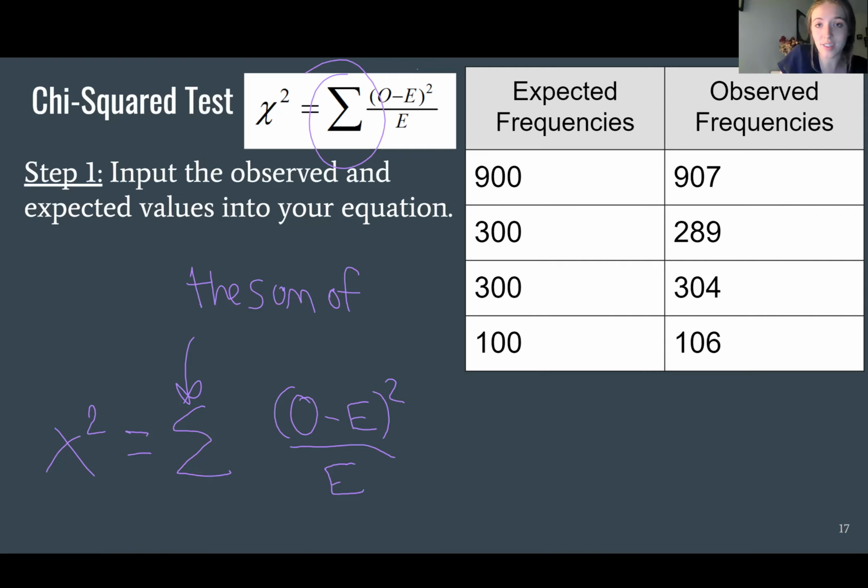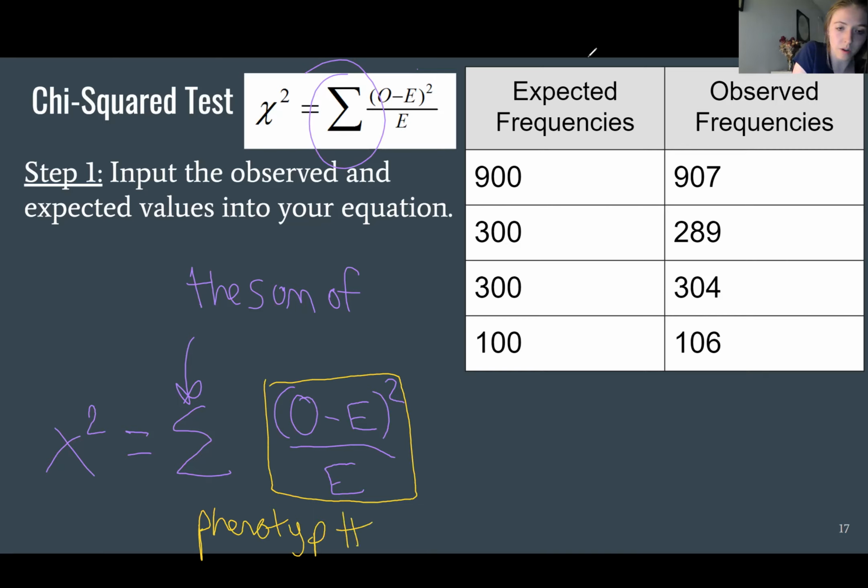And you're going to do this for your first phenotype, phenotype number 1. Then you're going to do the same equation, plus observed minus expected squared over expected, for phenotype number 2.